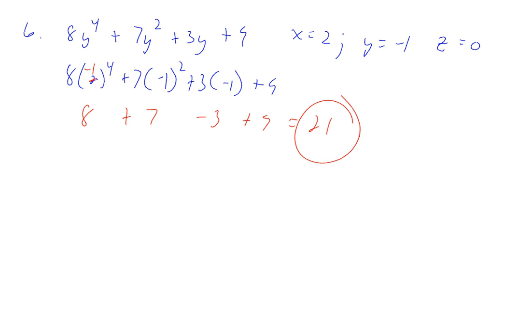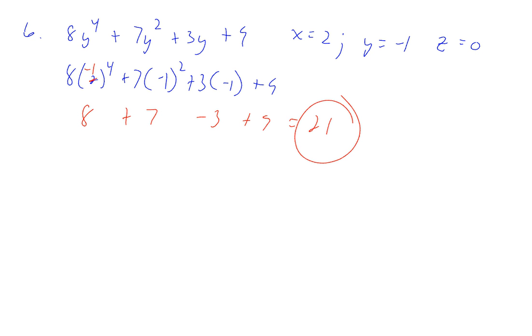How many concur? 21. Order of operations problem. Evaluate all exponents. Multiplication, division, left to right. Addition, subtraction, left to right. Negative 1 to the 4th power is a positive 1. What would have happened if the exponent were odd, like cubed or a fifth? Then it would have ended up being a negative 1, right?